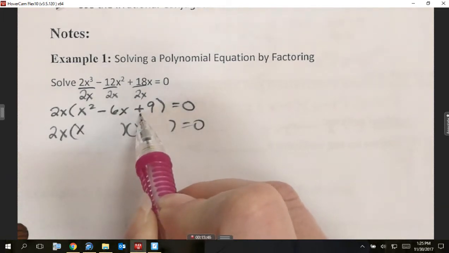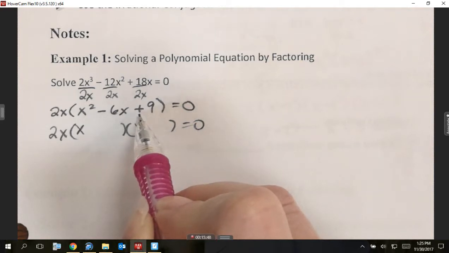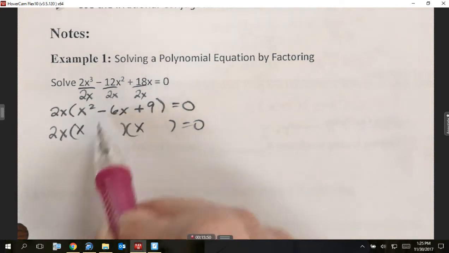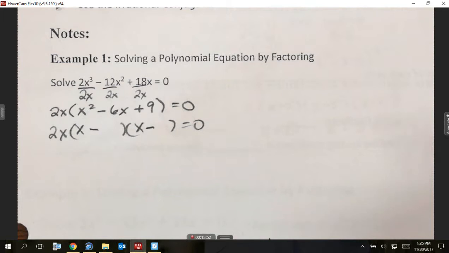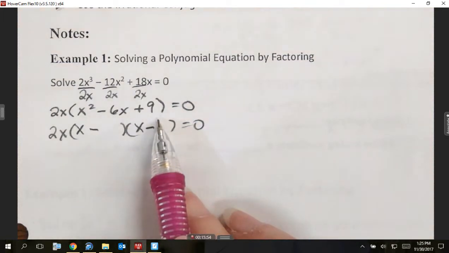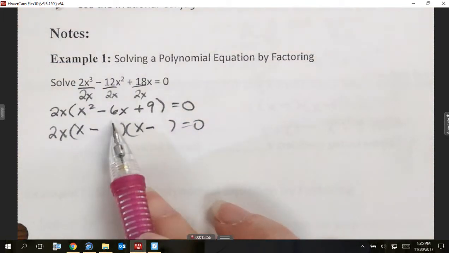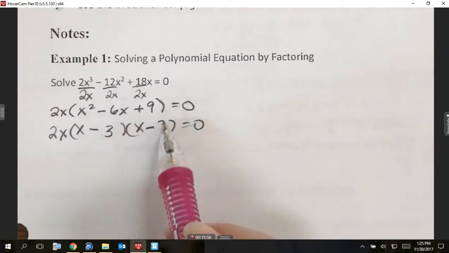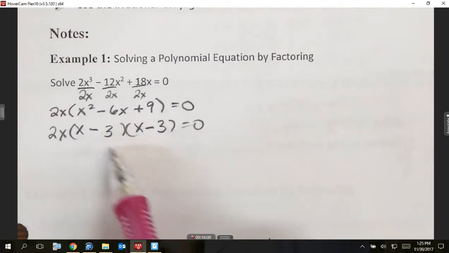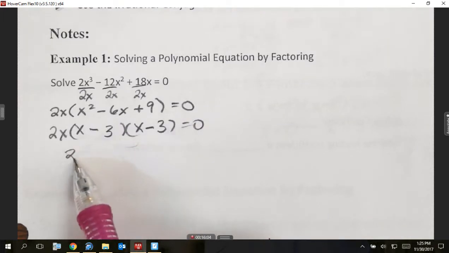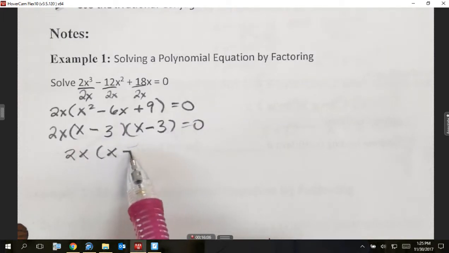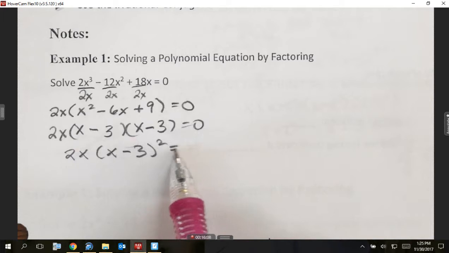This sign is plus. That means that both signs are the same. This one over here is minus, so they've got to both be minuses. We'll multiply together to give us positive 9, but add to give us negative 6. And you could FOIL it back together to check. Since they are the same, I'm going to write them squared.